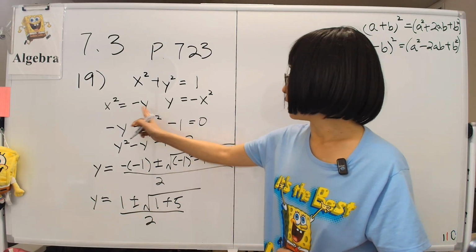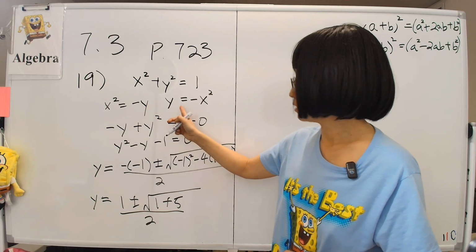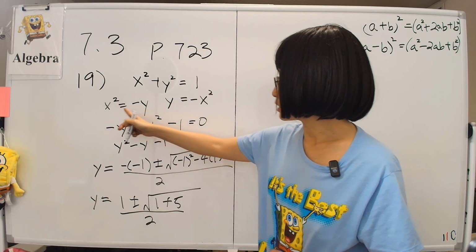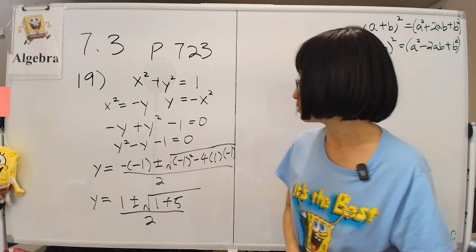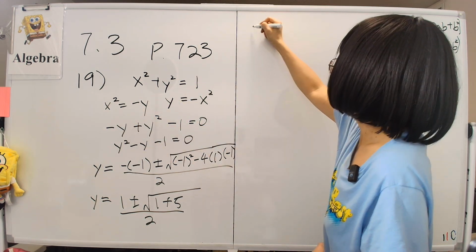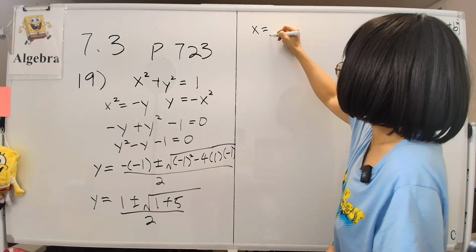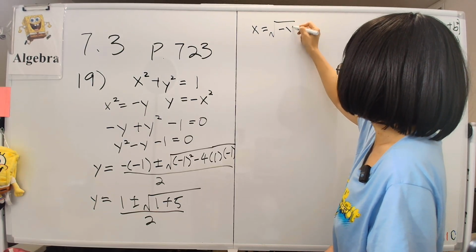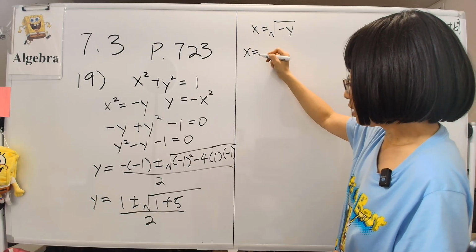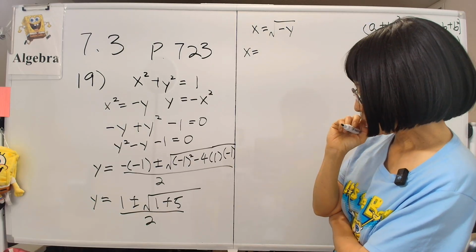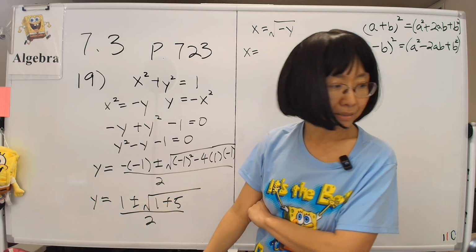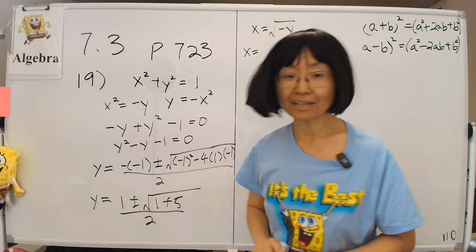And then x, y, what's x? x squared equals minus y, okay? So x equals the square root of minus y, so x equals the square root of negative y. Let me look at this.